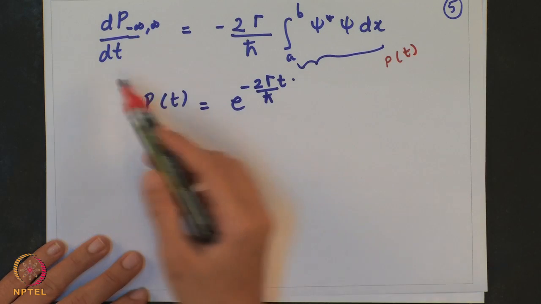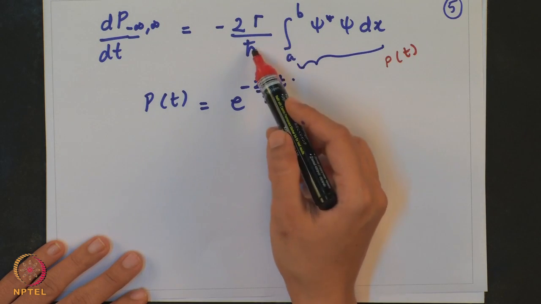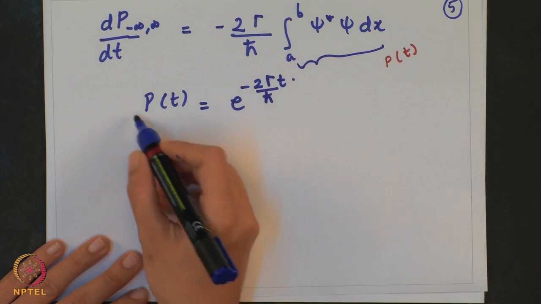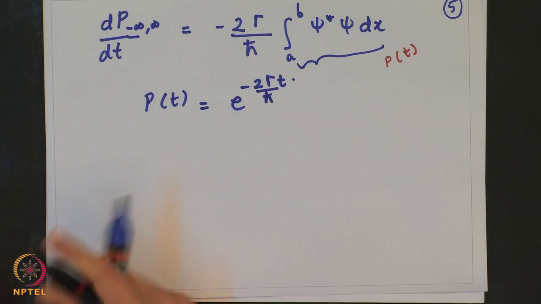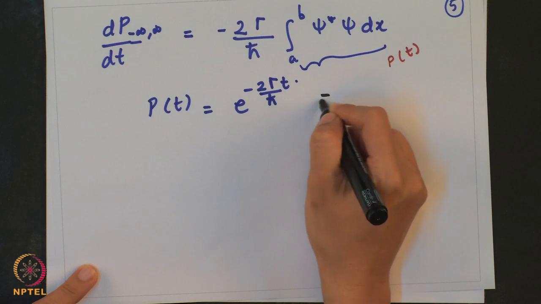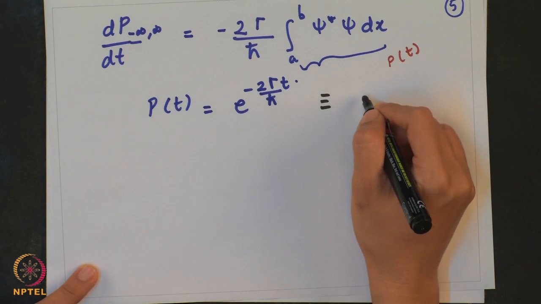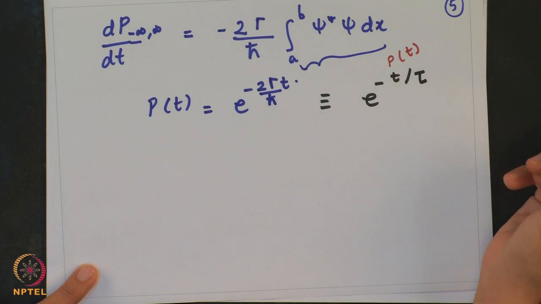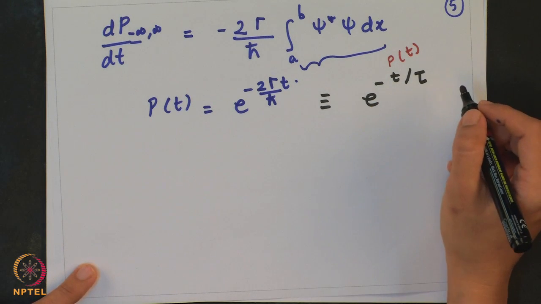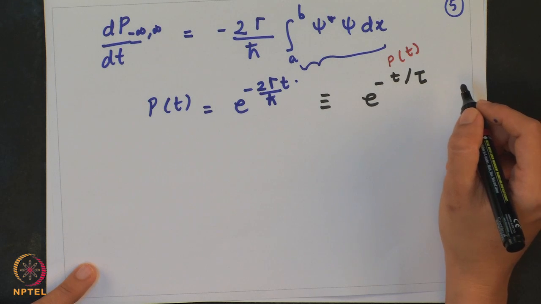So, you have dp by dt minus 2 gamma by h cross p of t. So, what we obtain is this expression. Now you compare this with what is given to us, which is e raised to minus i t upon tau.